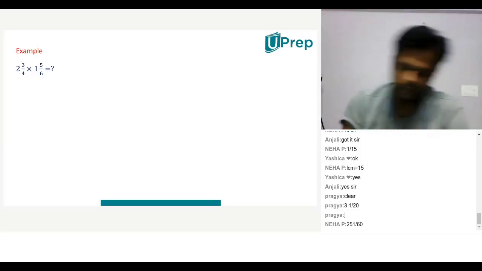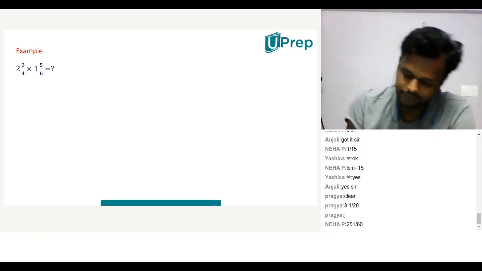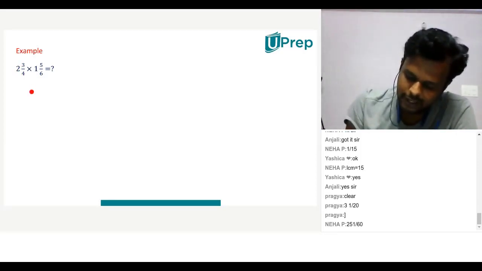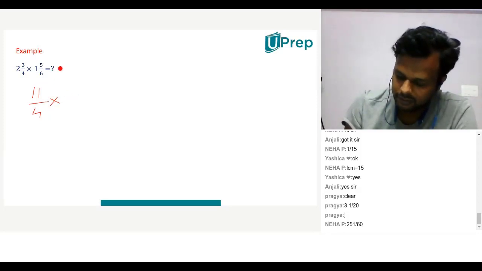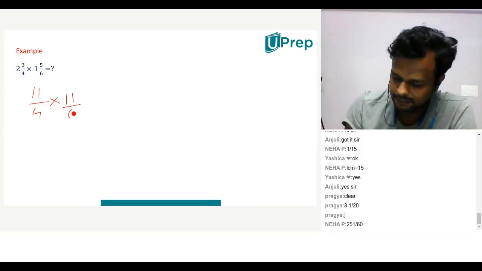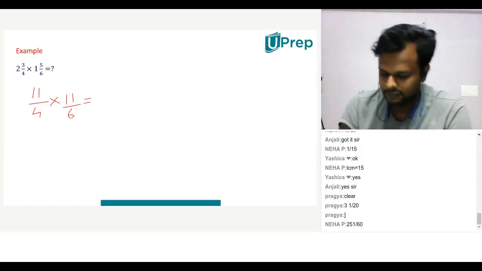So, children, 3 by 4 will be what? 2 fours are 8, 8 plus 3 is 11. So this becomes 11 upon 4 into 1 six are 6, 6 plus 5 is 11, so 11 upon 6. I think that is 22 by 24.